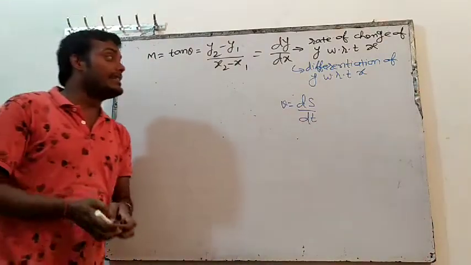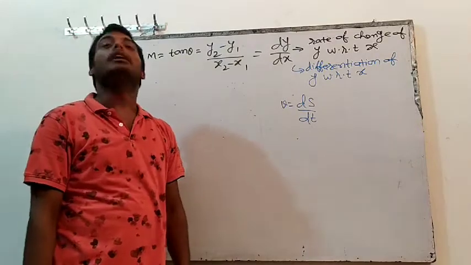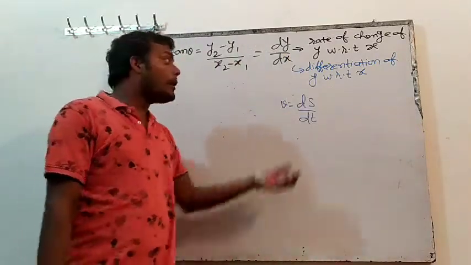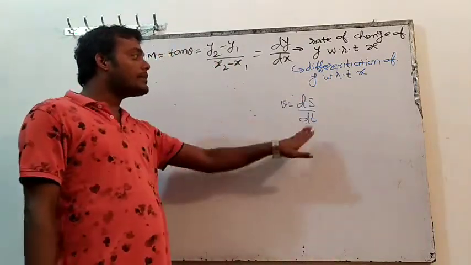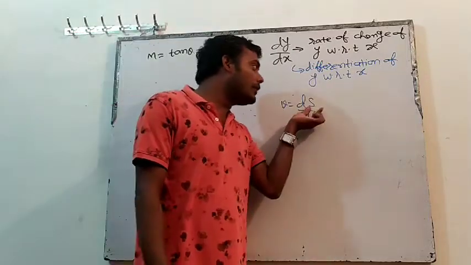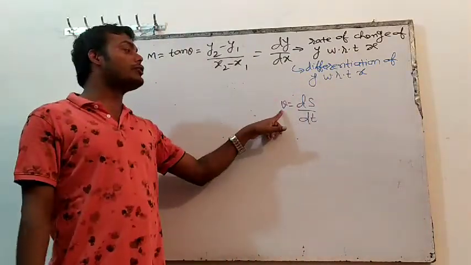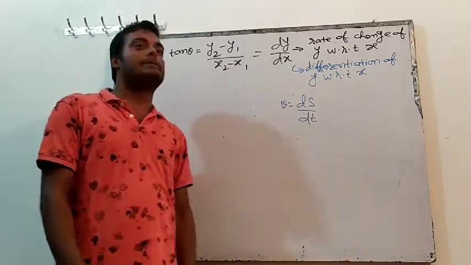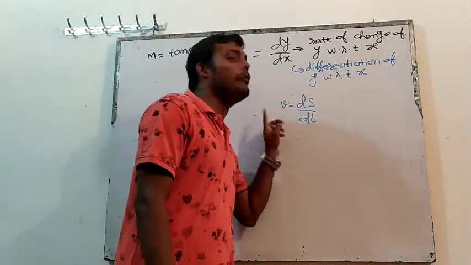What you know is that the change in displacement per unit time is known as velocity. When the change is very small, we write ds by dt. So ds by dt is velocity. That means when they give you displacement and ask you to find the velocity of the object, we will differentiate displacement with respect to time, then we will get velocity.